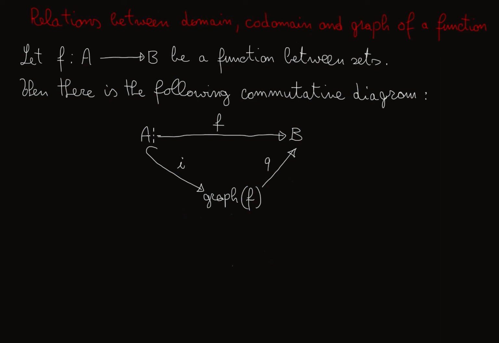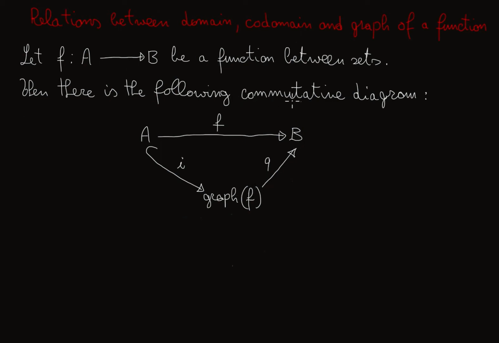So in this case, the only way I can go from one object to another taking two different routes is going from A to B, and one route involves taking just the map f, and the other route involves taking first the map I and then the map q.